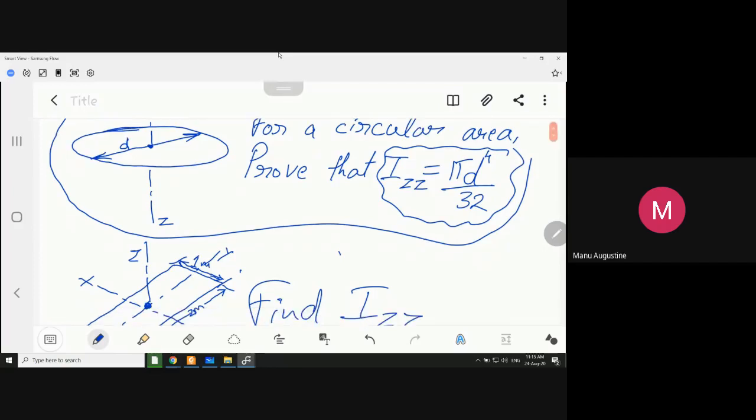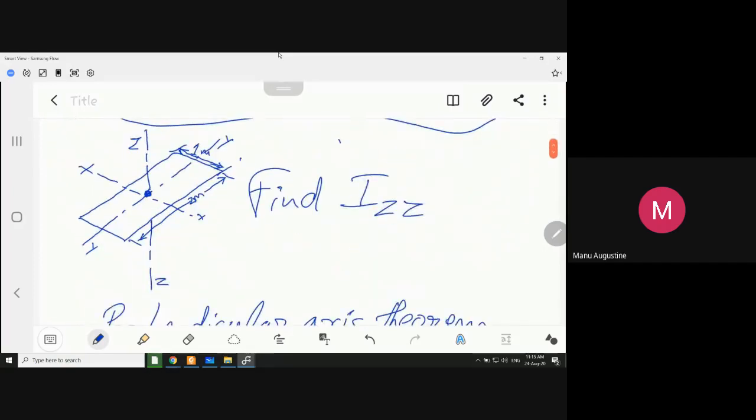Now, to practice this thing that we have learned in a more perfect way, let us do a small problem. The problem is a rectangle is shown to you in the figure here. X axis is shown, it is the centroidal axis passing through the centroid of the rectangle. Y axis is shown, it is also passing through the centroid.